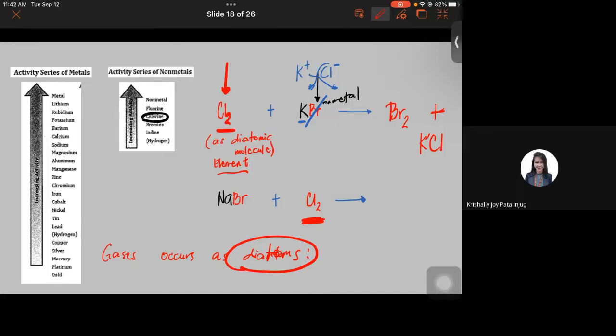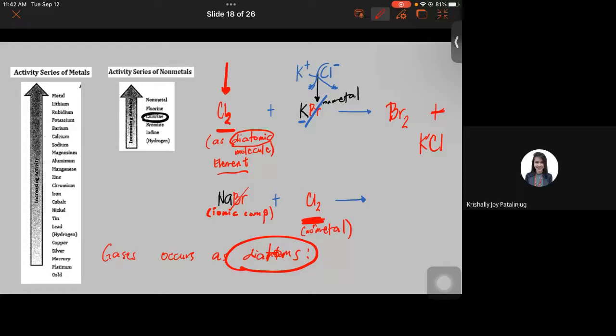Okay, next. Last example, under single displacement, look at the reaction. Yung unang sinulat sa reactant side is the compound, the ionic compound. Kasunod yung single element na chlorine gas, which occurs as diatomic molecule. Okay, so this is again a non-metal. So it will try to displace bromine in the compound sodium bromide. So possible din.